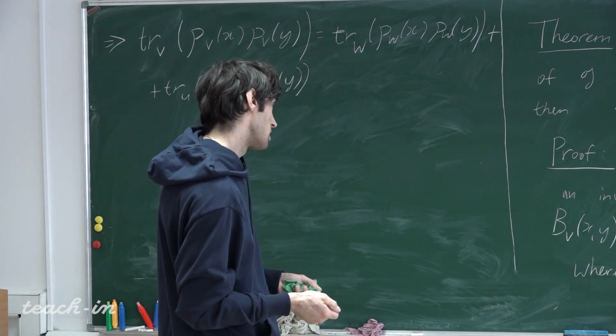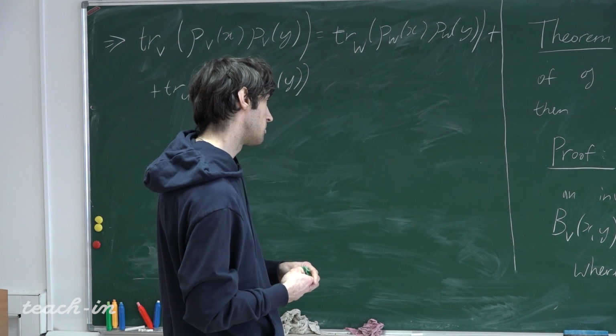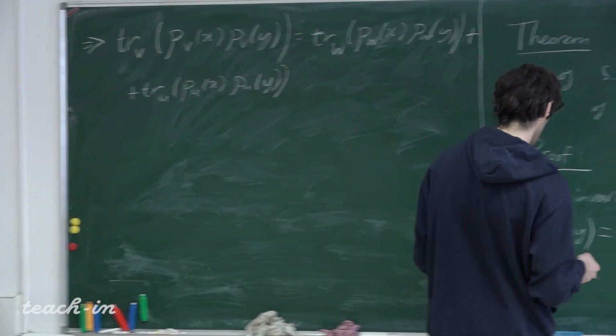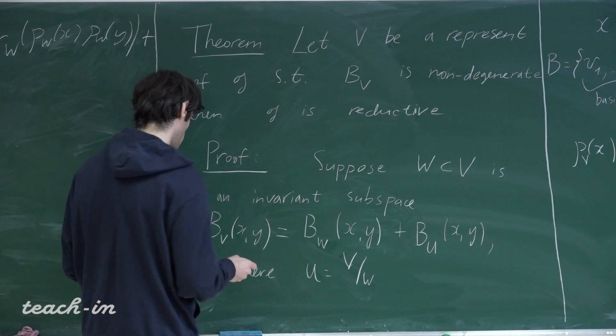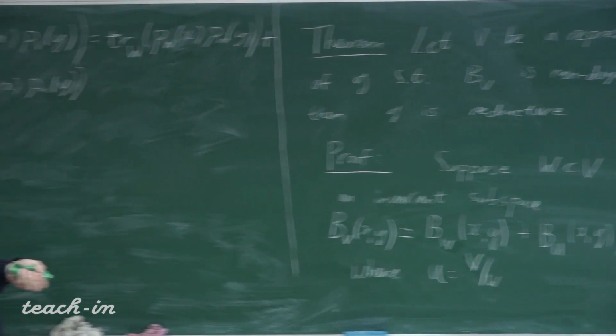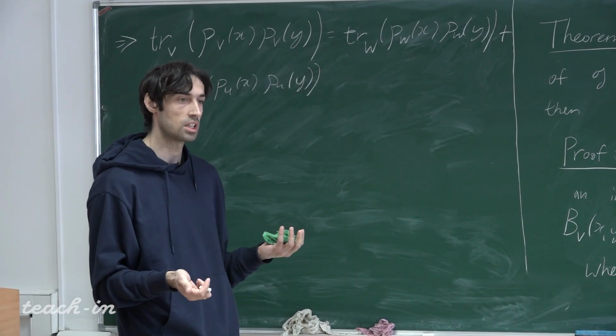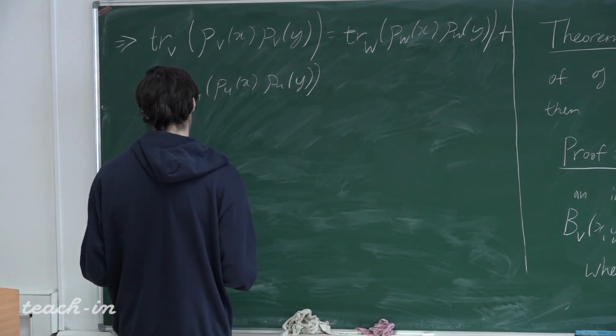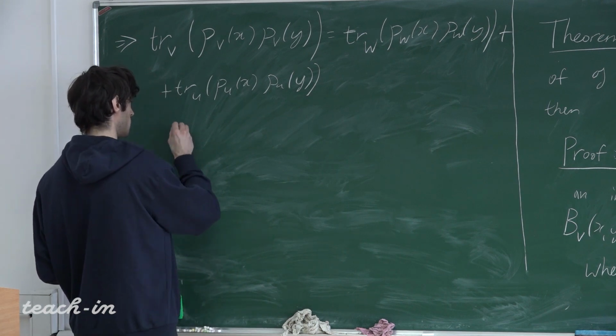This means that, actually, let me take V and write a composition series for it. For any finite dimensional representation, at least, we have the following.